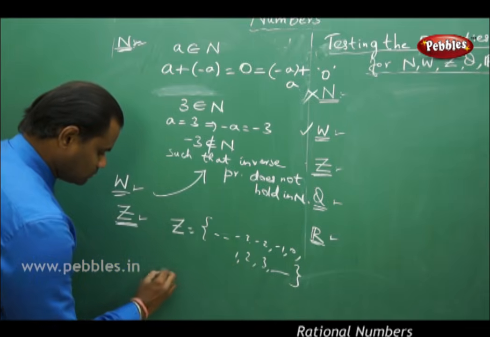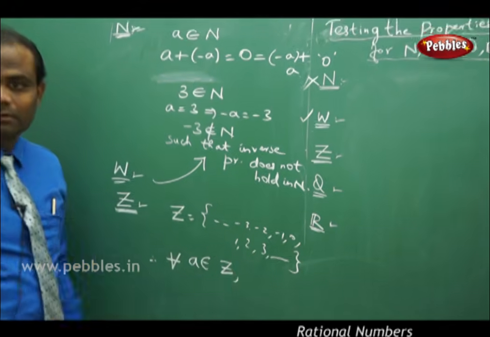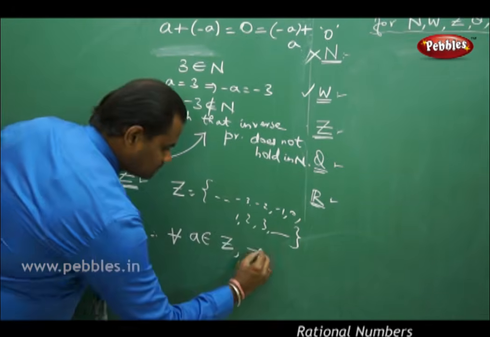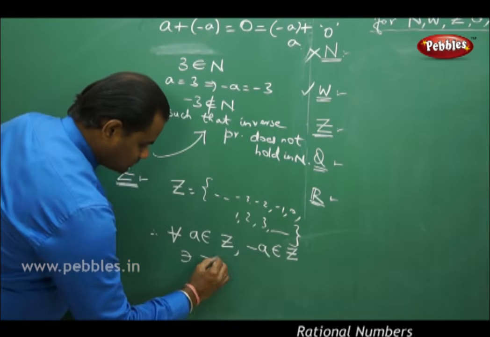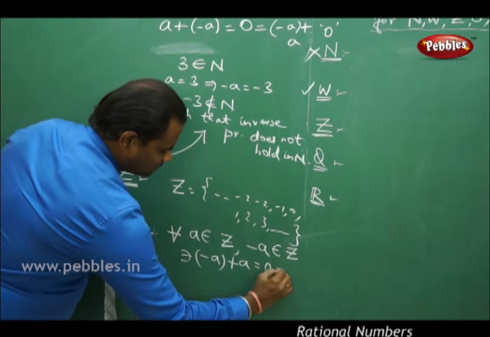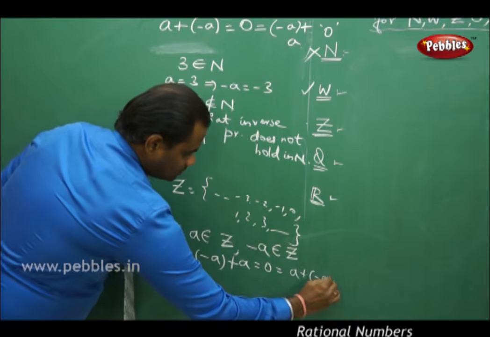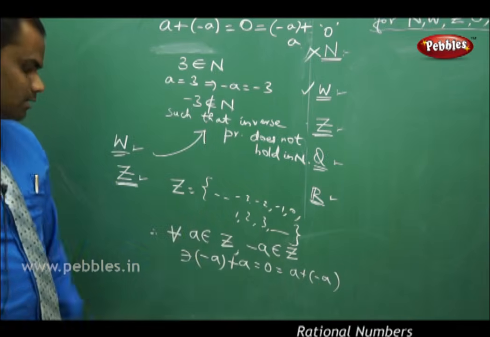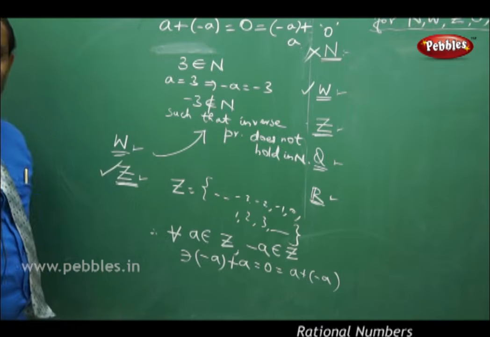Therefore for all a belonging to Z, there exists minus a belonging to Z such that minus a plus a is 0, which is a plus minus a. This is the case which makes the set of integers hold the inverse property.